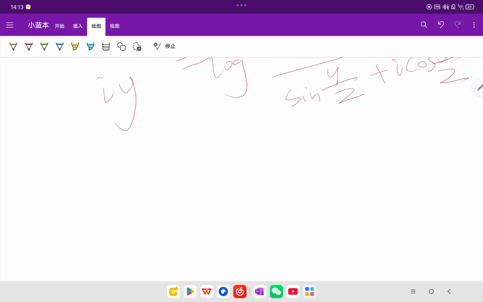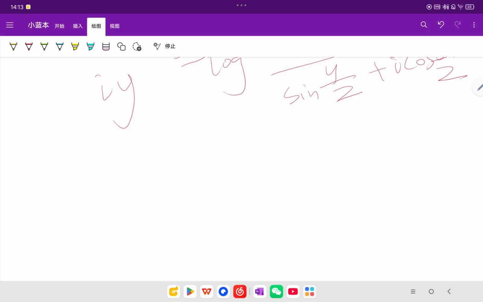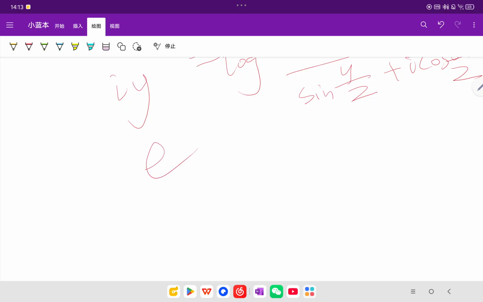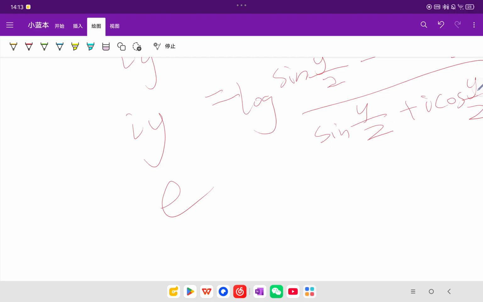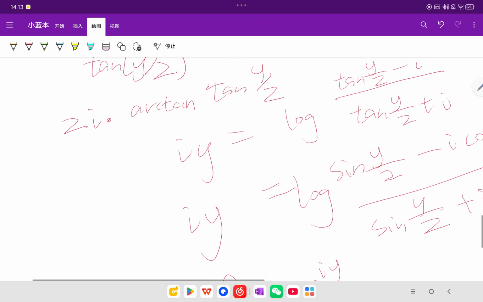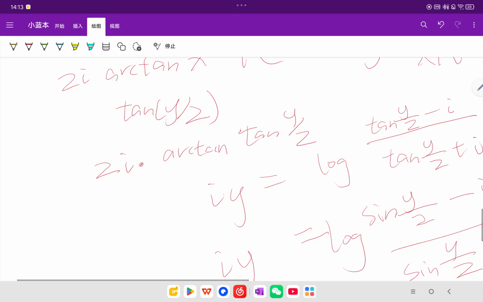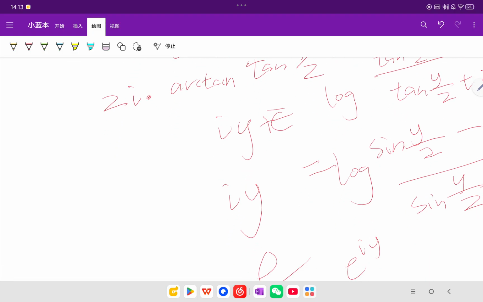So we exponentiate both sides, which means using e and exponentiating both sides of the equation, and we'll get e to the i. Oh, let me see. We still have c left. Sorry, I made a mistake here. So we have plus c.